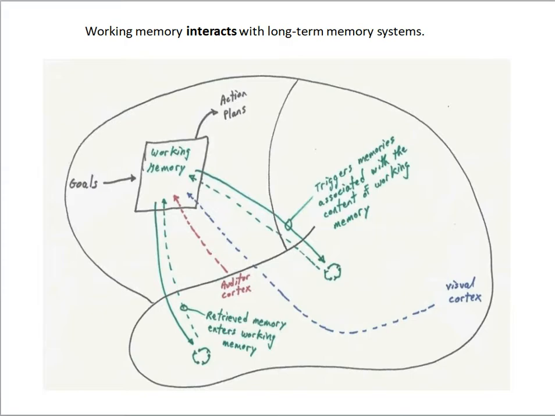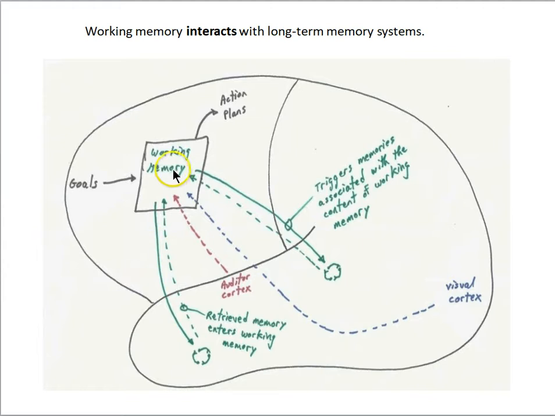So we want to think about the working memory system as a system that can interact, can search, and trigger relevant information. Now, what's going to be relevant? It would be items of information that are related to whatever's in the working memory system at the time.